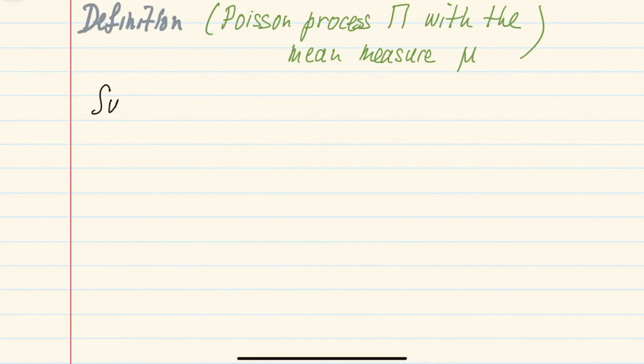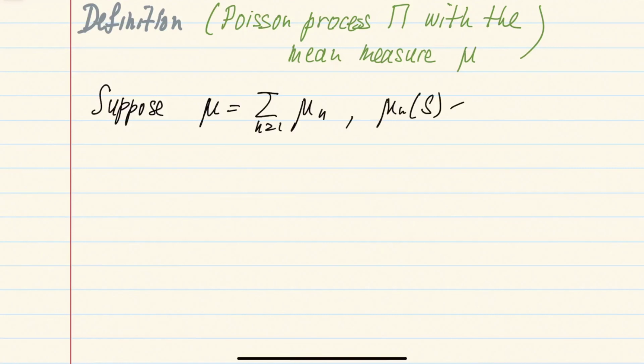So let's suppose that mu is written as a series of measures mu n, where each mu n has finite total mass. Now, of course, by the assumption that our measure mu is sigma finite, this holds for some partition of our space, but in this definition we want to start with an arbitrary such representation. In particular, these measures mu n do not have to be defined on disjoint subsets of our space.